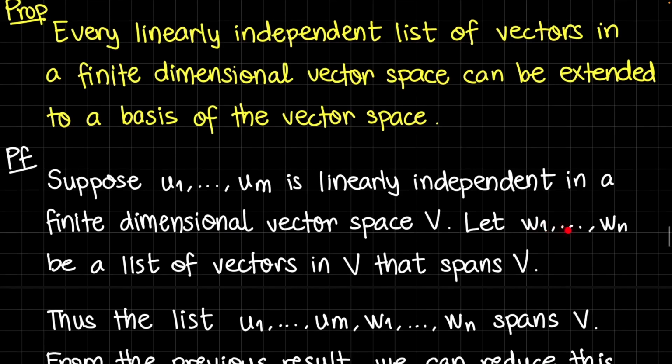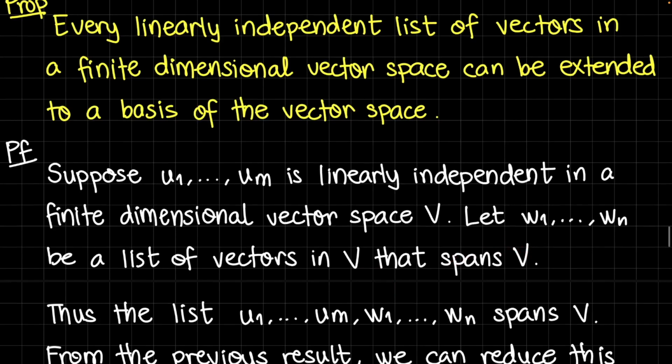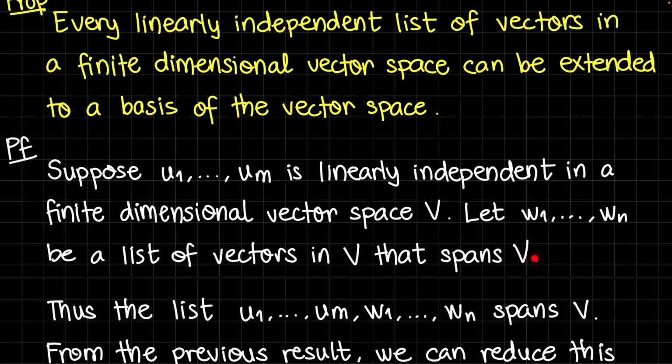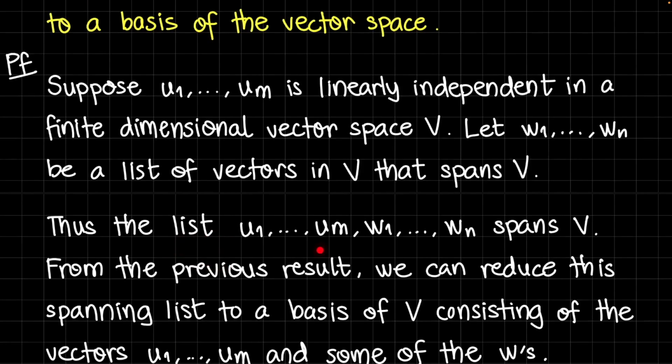Let w1 through wn be a list of vectors in V that spans V. And we can always have a spanning list, because we are working in a finite dimensional vector space. Therefore, consider the list u1 through um, w1 through wn. What I'm doing is adding the linearly independent list with the u elements to the left of the w1 through wn spanning list.